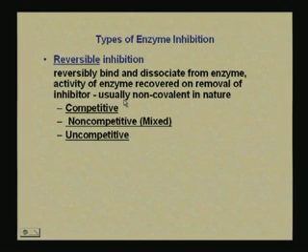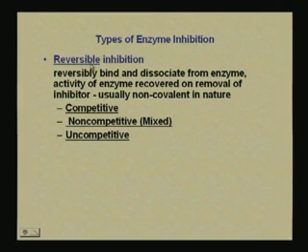So, you just have a loose association of the enzyme and the inhibitor, just like you have the enzyme and the substrate. The reversible inhibition can be of three types. You can have competitive inhibition, non-competitive inhibition, and uncompetitive inhibition. Okay, we will see how these three different types are going to change the overall activity of the enzyme and how they actually occur.